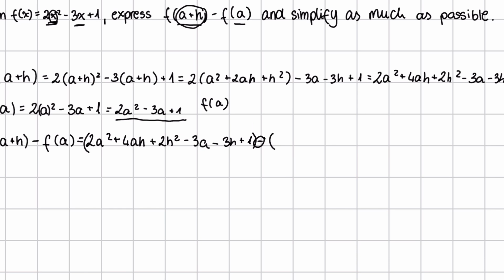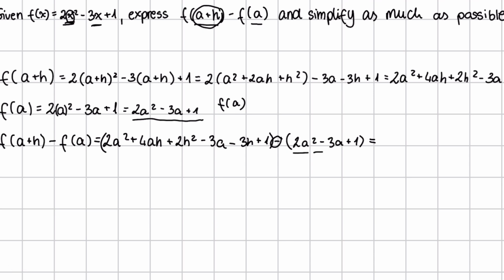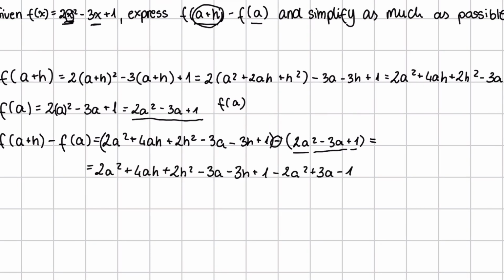So in the bracket we write a squared minus 3a plus 1. Now this whole expression will change its sign. So a squared is now negative a squared, our negative 3a is now positive 3a, and plus 1 is negative 1.